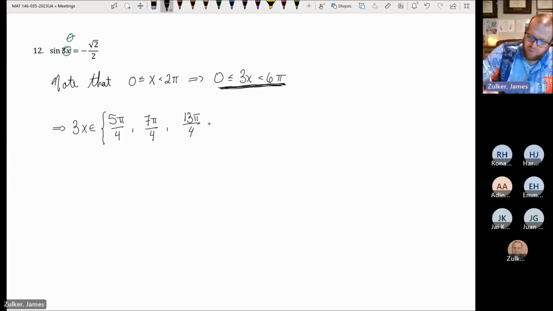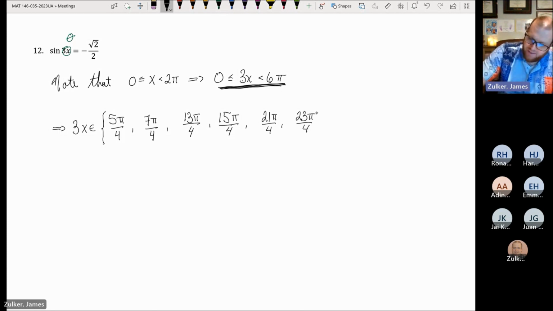Add 2 pi to 7 pi over 4. That's now 2 full revolutions, between 0 and 4 pi. Add 2 pi to 13 pi over 4. Add it to 15 pi over 4.